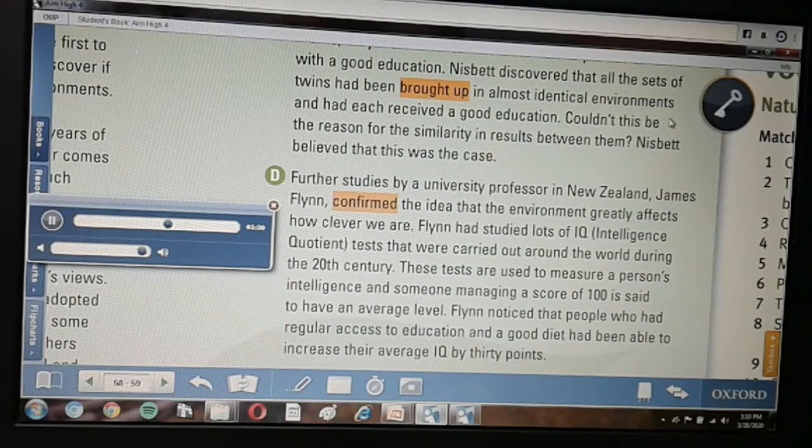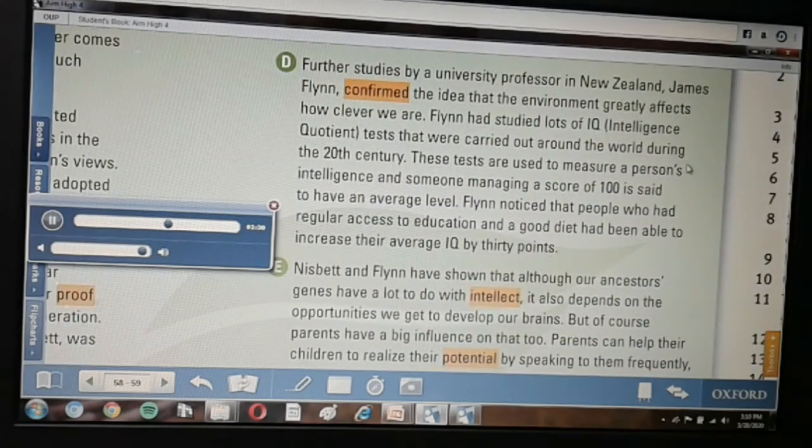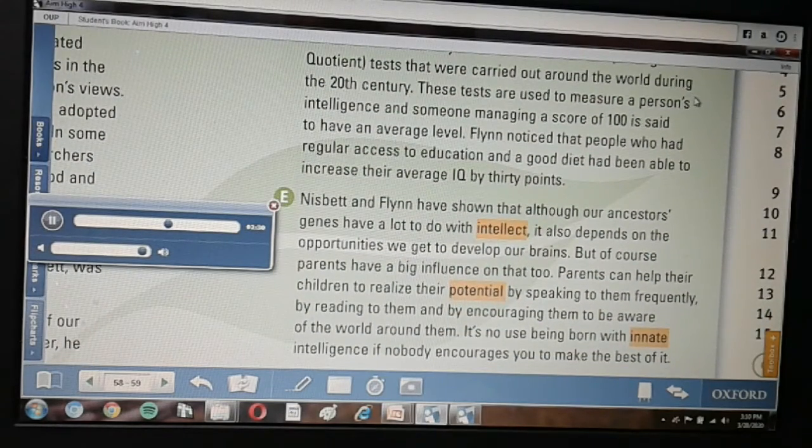Further studies by a university professor in New Zealand, James Flynn, confirmed the idea that the environment greatly affects how clever we are. Flynn had studied lots of IQ, intelligence quotient tests, that were carried out around the world during the 20th century. These tests are used to measure a person's intelligence, and someone managing a score of 100 is said to have an average level. Flynn noticed that people who had regular access to education and a good diet had been able to increase their average IQ by 30 points.